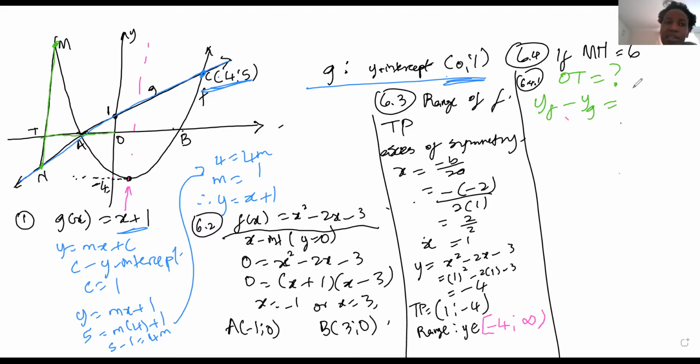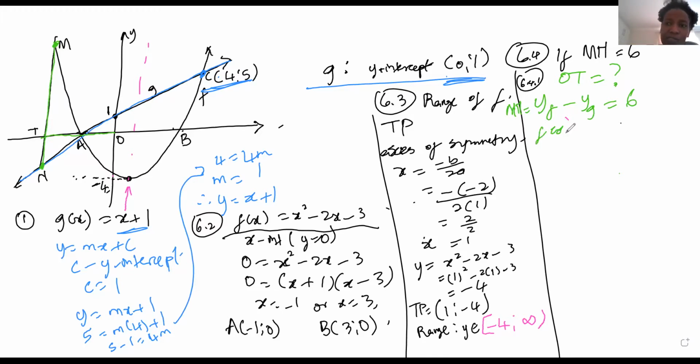So this MN, they said, is 6 units. Okay, so this is MN. That's what it is: this y value minus this y value. Okay, and what is the y value? We know that G of x... let me start with f.